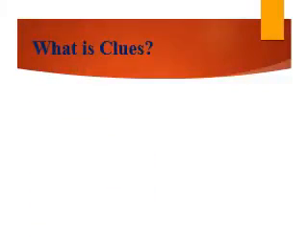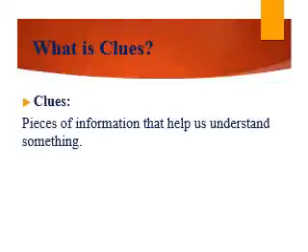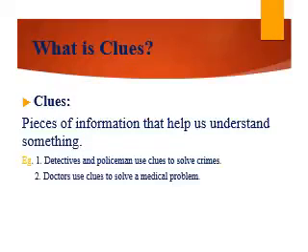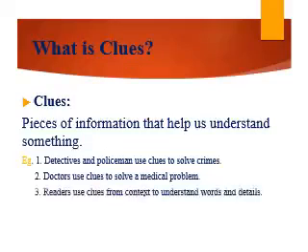Now, what are clues? Clues are pieces of information that help us understand something. For example, one, detectives and policemen use clues to solve crimes. Two, doctors use clues to solve a medical problem.